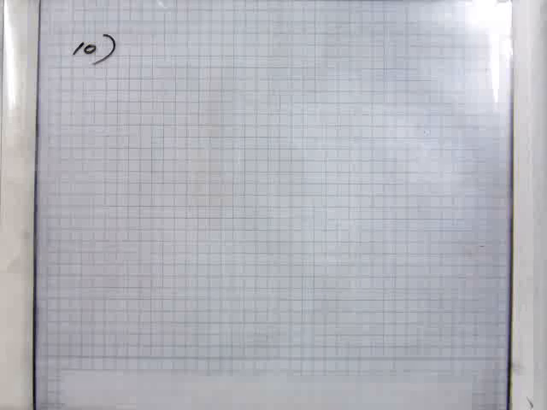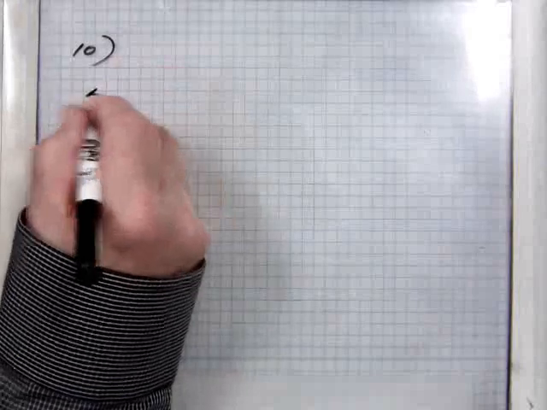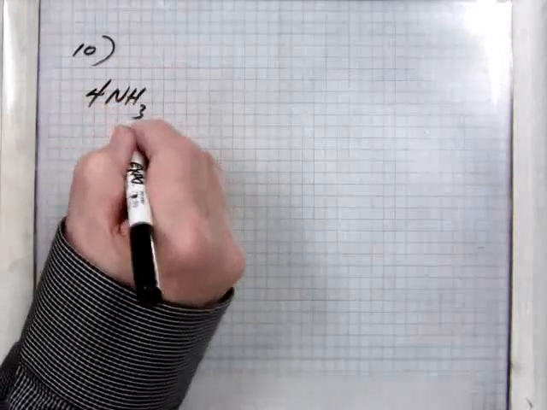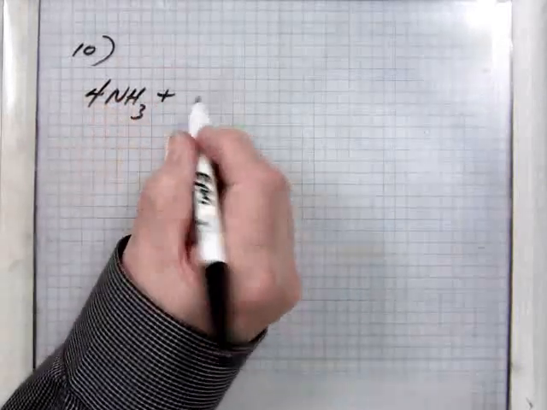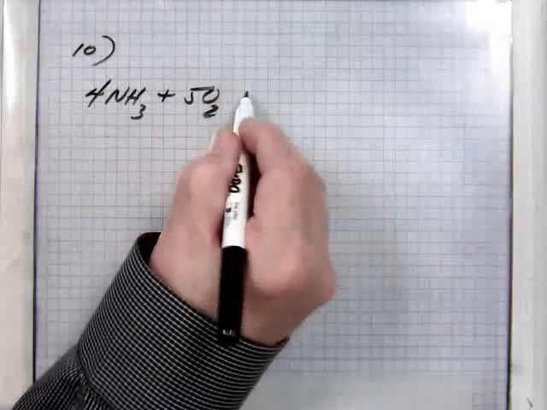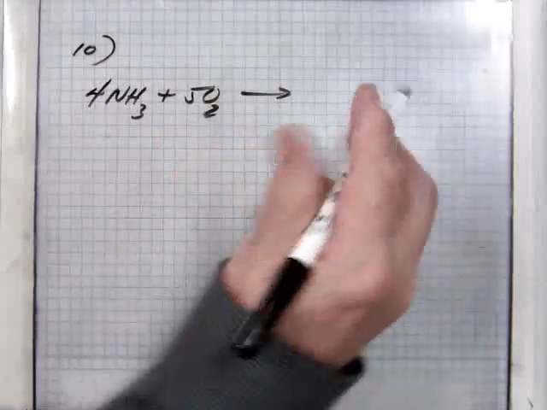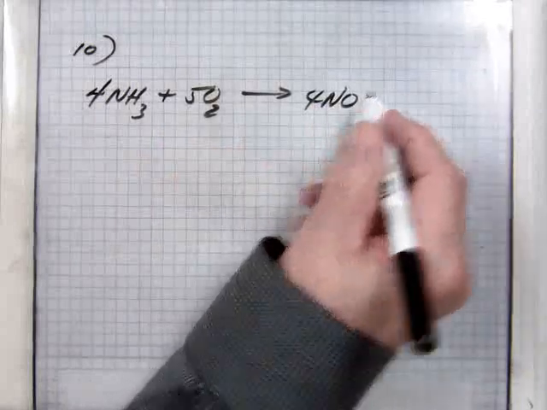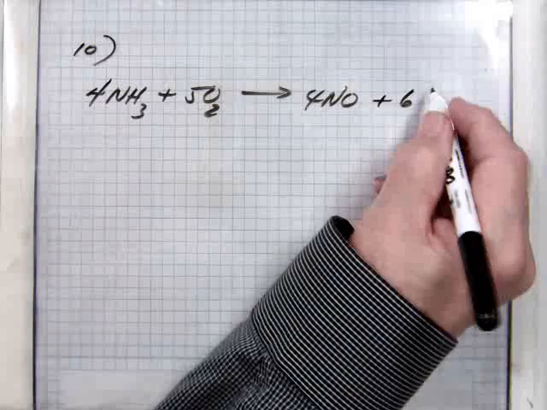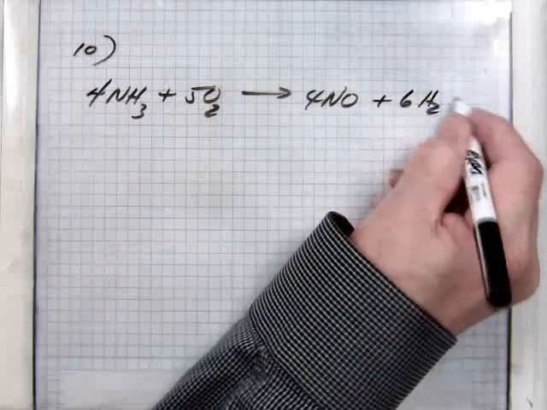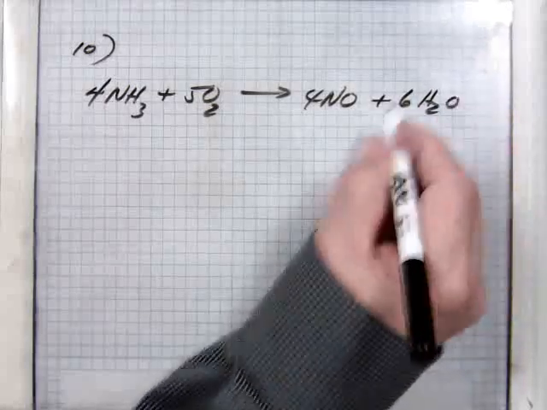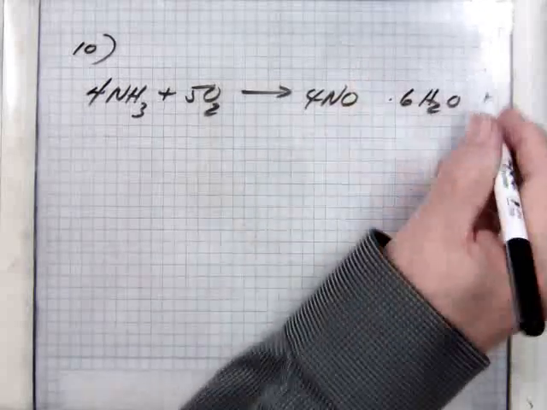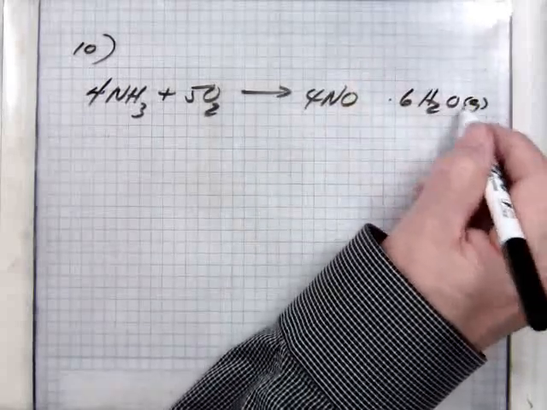All right, it is giving us the following equation. 4NH3 plus 5O2 goes to 4NO plus 6H2O. I'm going to call this water vapor, even though it's showing a liquid out there.